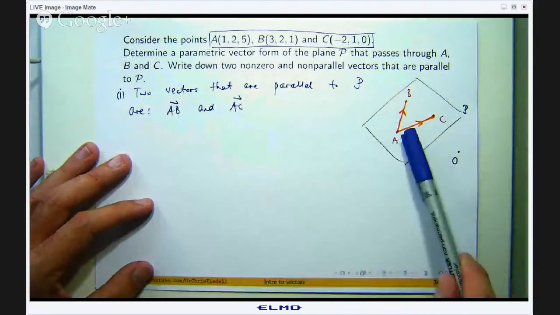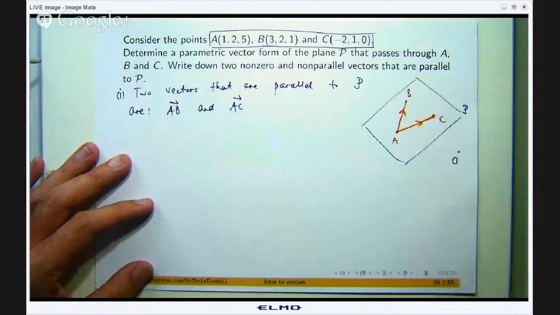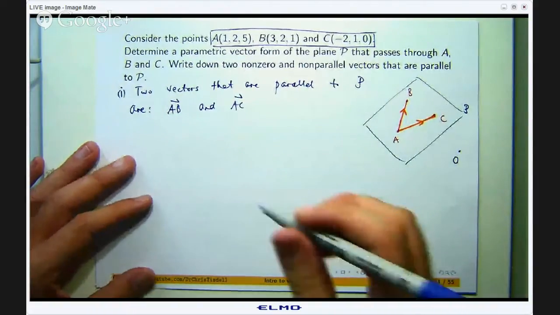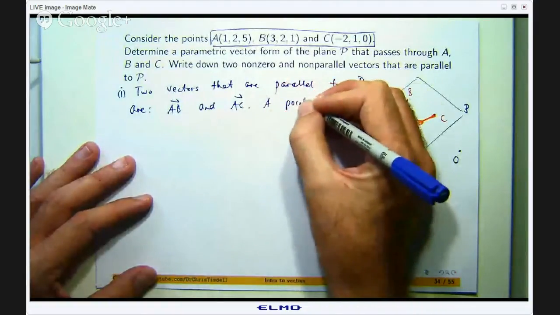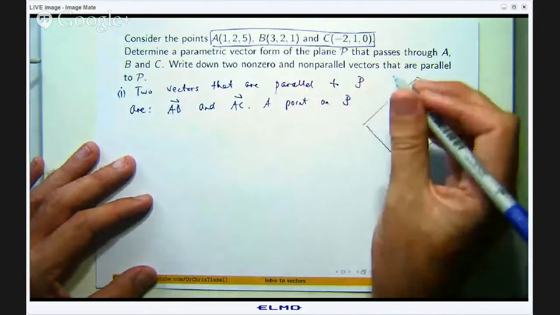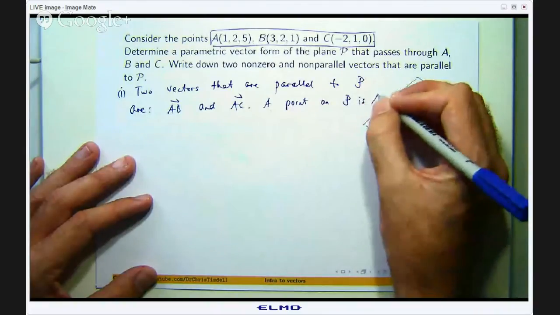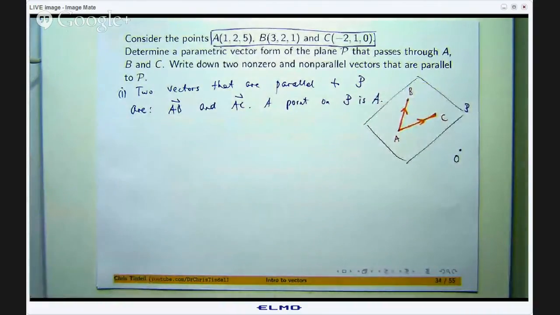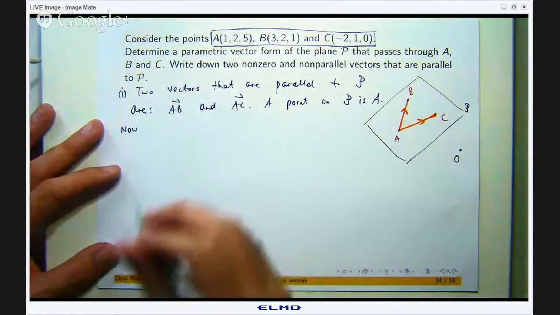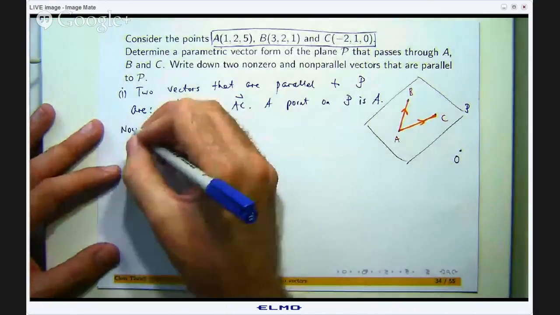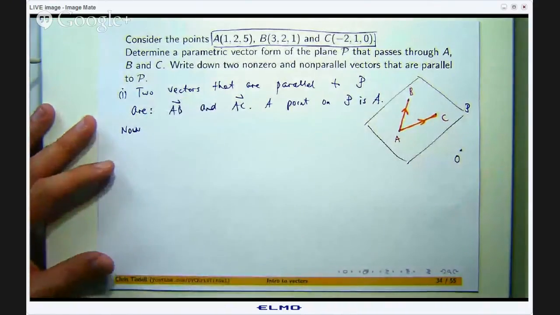You could compute, say, AB and BC. A point on P is A or B or C, whichever one you like. So let's work these 2 vectors out and then we'll be ready to write down our parametric vector form of the plane P.